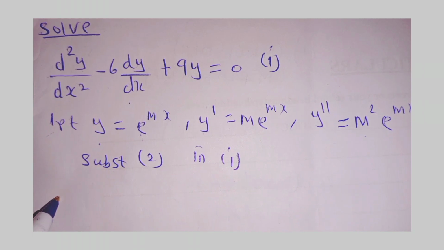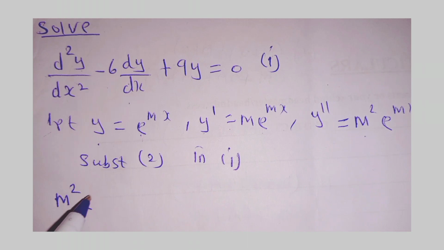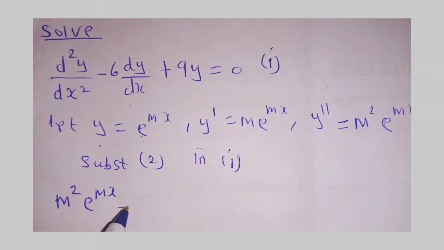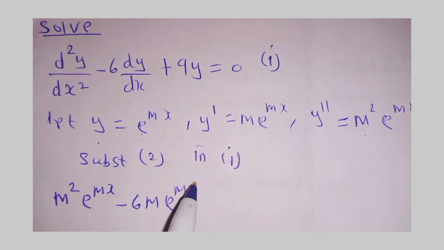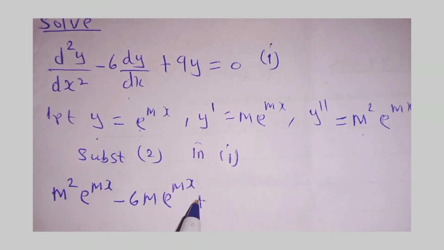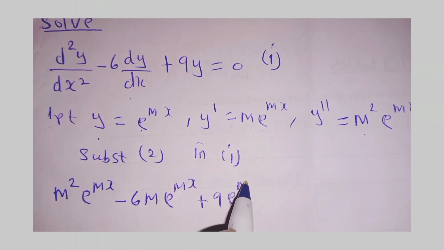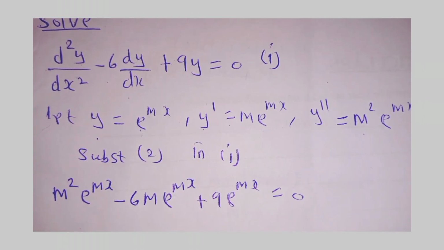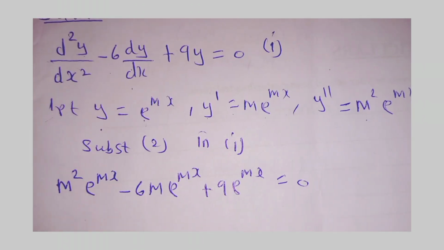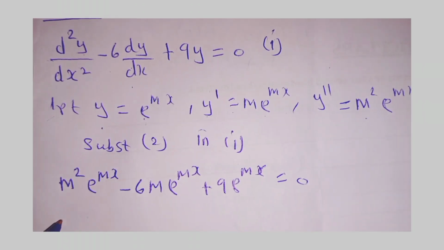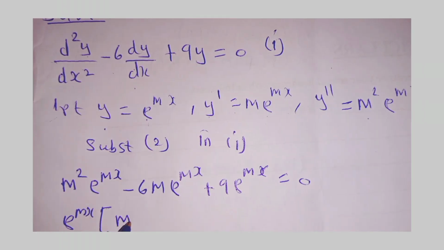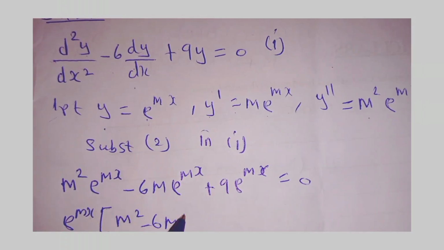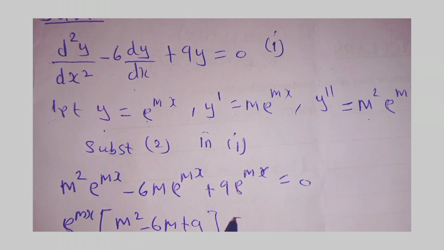Instead of the second derivative, we obtain m squared exponential mx minus 6m exponential mx plus 9 exponential mx, which is equal to 0. Then we factor exponential mx, which is common, to be left with m squared minus 6m plus 9. This will give you 0.